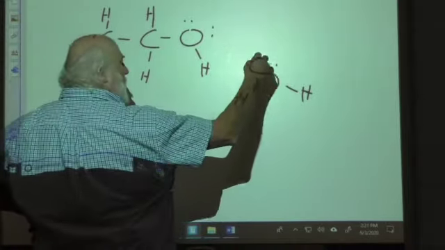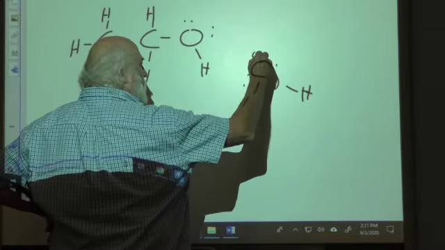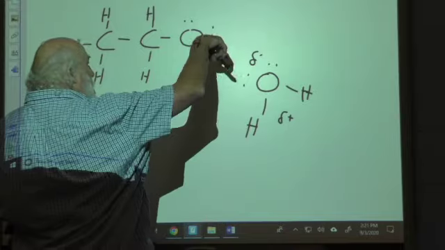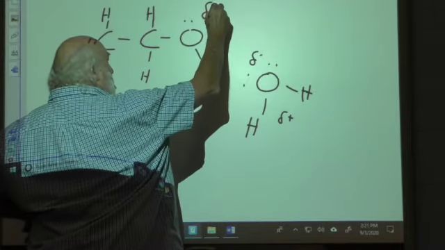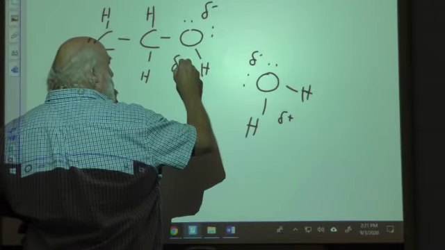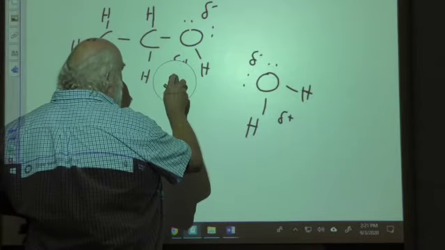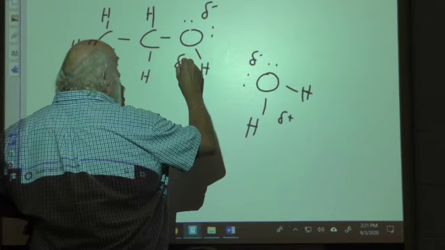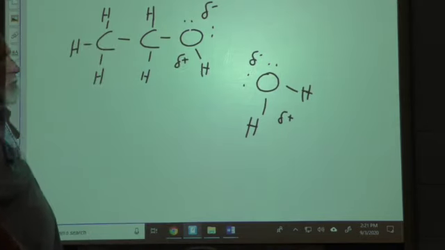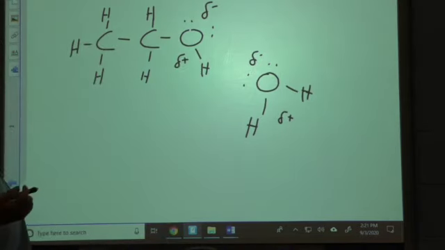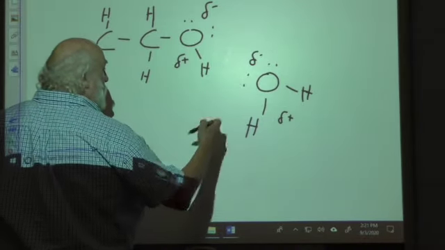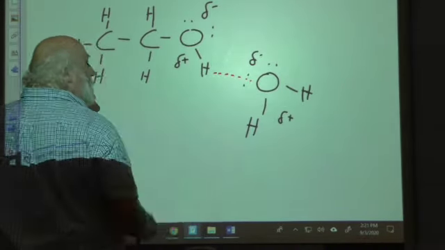Because this part of the water, the oxygen, is negative, and this part here is positive. Same thing over here. This part is negative, and this part is positive, for the exact same reason. So what's going to happen here is this oxygen is going to be attracted to that hydrogen.